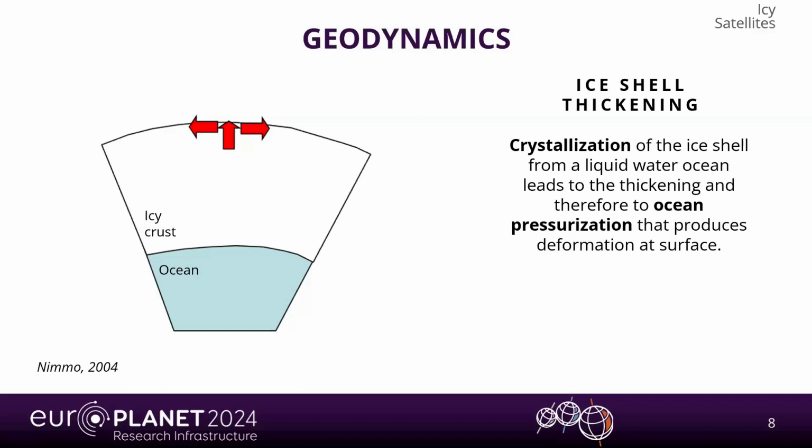So I am talking about geodynamic processes that produce deformation, mostly deformation of their icy crust, that is mostly deformation of the entire body, but is mostly evidenced at their icy crust and mostly at the surface.